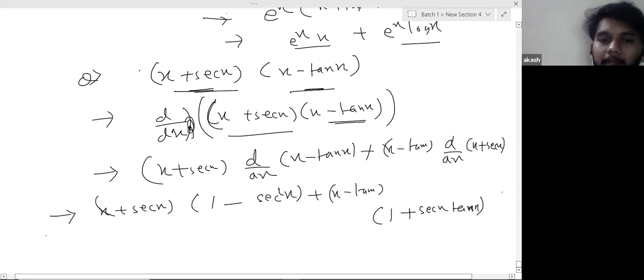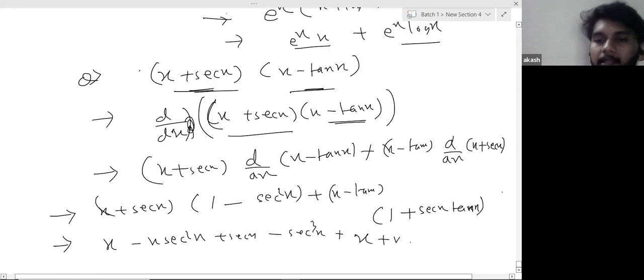All right, now you can multiply also. There is nothing common, I guess, right? Just multiply. So this is x minus x sec square x plus sec x minus sec cube x, plus x plus x sec x tan x, minus tan x, minus sec x into tan square x.